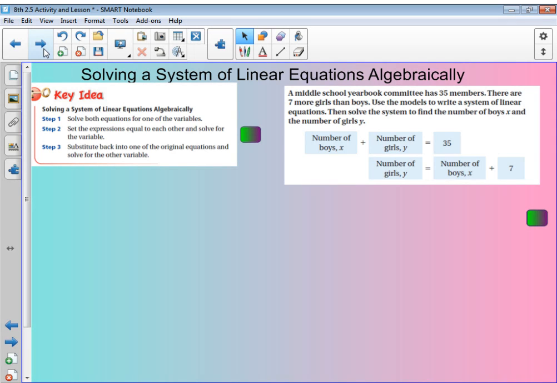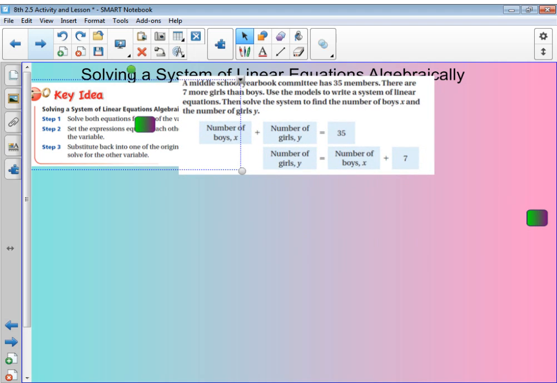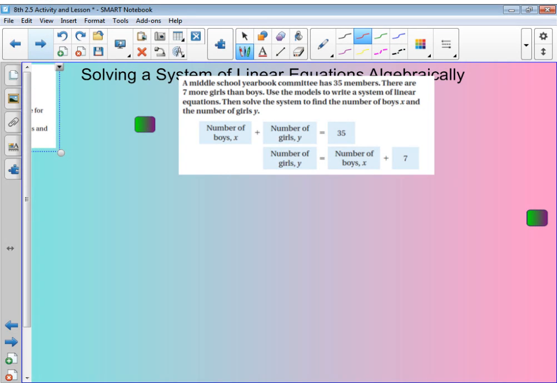So as I look through this setup, I'm just going to take whatever's in each box and write it out with these symbols in between. So number of boys, X, because they didn't give us a number, plus the number of girls, Y, equals 35.